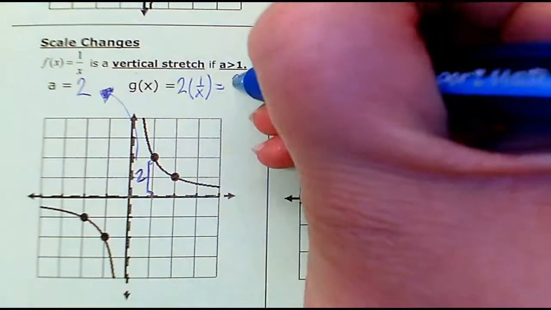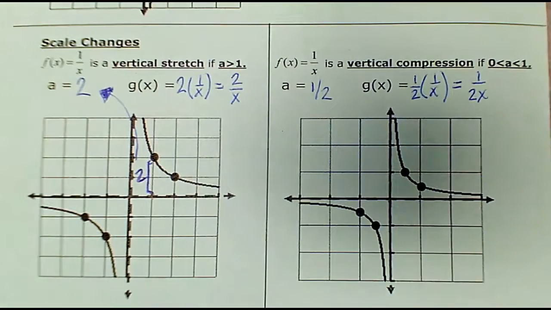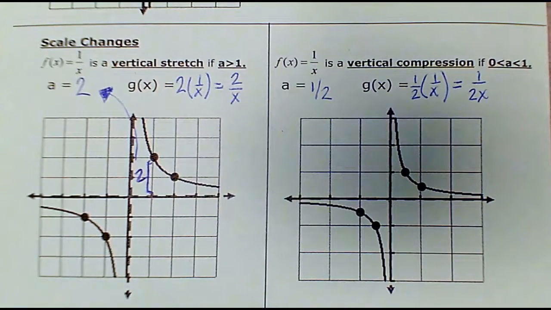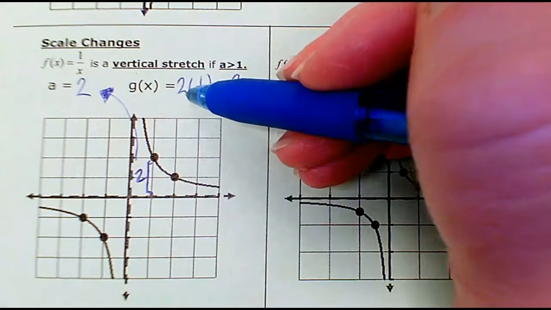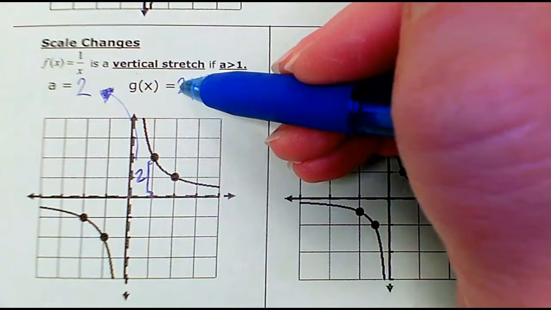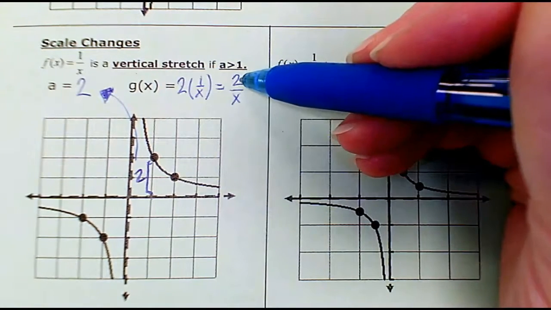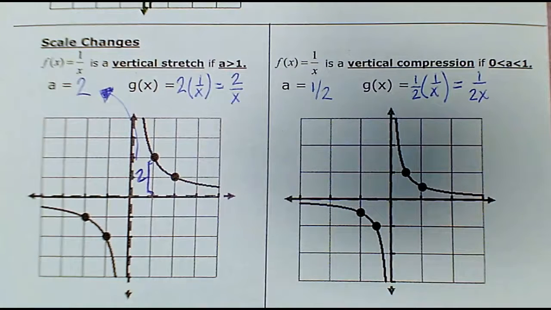On the top. So you could also see this as 2 over x, because 2 can be written as 2 over 1, and it becomes the numerator. Numerator times numerator is your new numerator, because 1 over x is the parent function for a rational function.